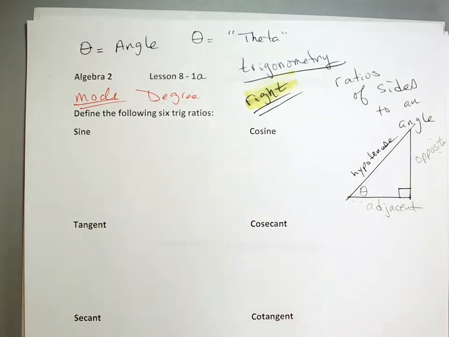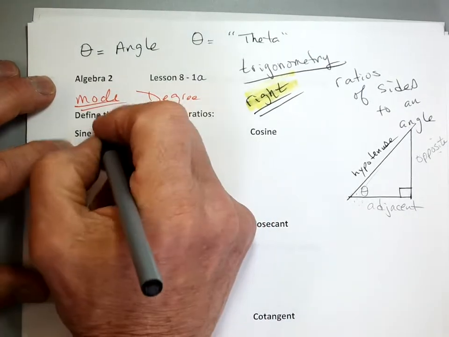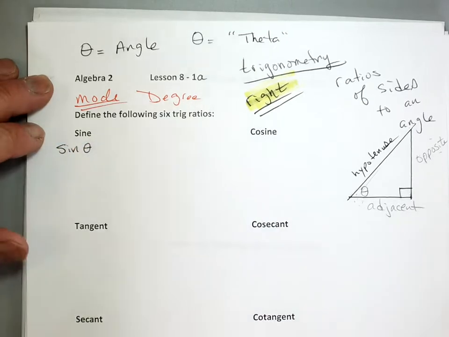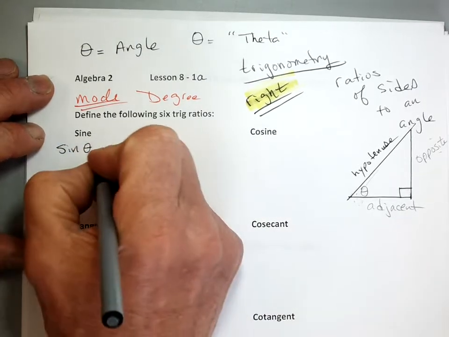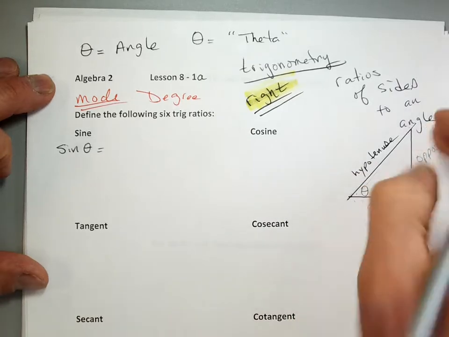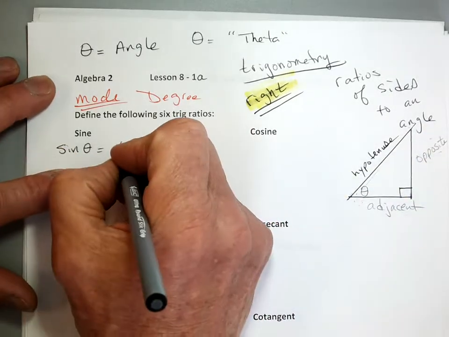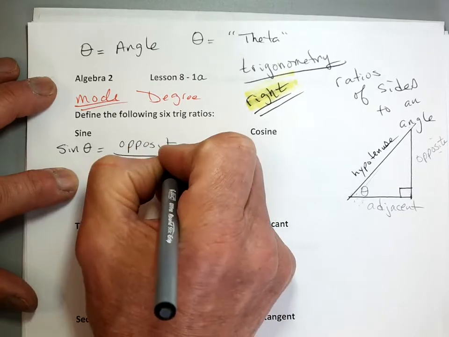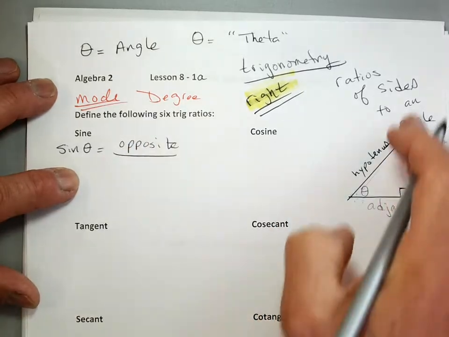So let's take a look at our ratios. The sine of theta, and there's the abbreviation, is equal to the opposite side over the hypotenuse.